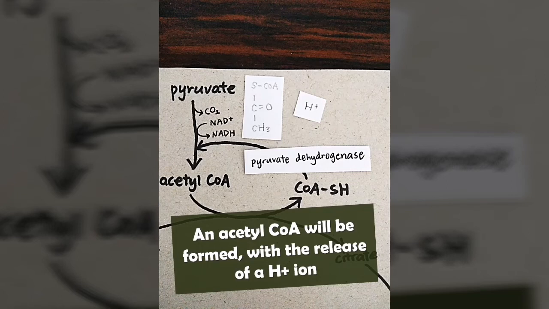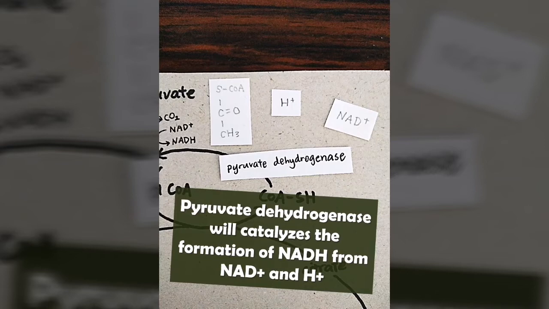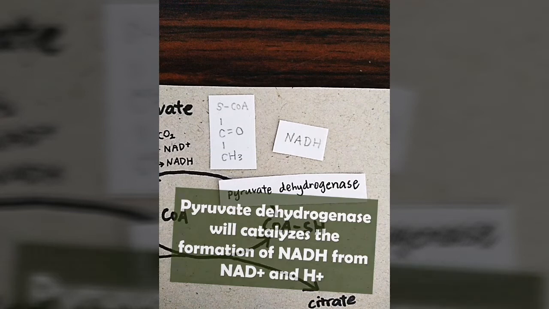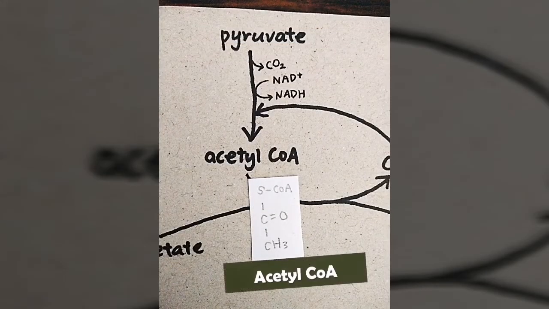An acetyl-CoA will be formed with the release of a H+ ion. Pyruvate dehydrogenase will catalyze the formation of NADH from NAD+ and H+. This is an acetyl-CoA.